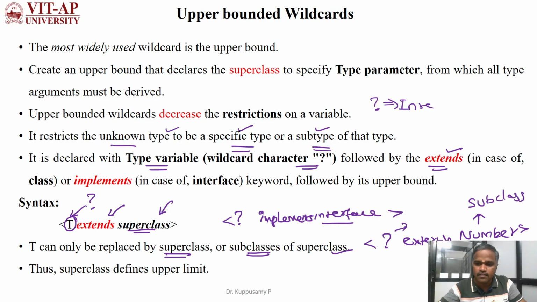Number is the parent class, which has Integer subclass, Float subclass, Byte subclass, Short integer subclass, Long integer subclass. So those subclasses can be accepted by this question symbol. By this we can define the upper limit for that particular situation.